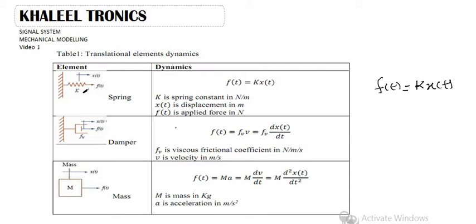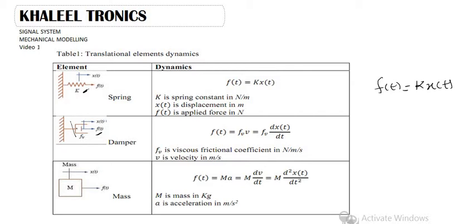Going to the next one, number 2, we have a damper. The damper has the force F of V, and this is the applied force F of T in the direction of X, that's the displacement.